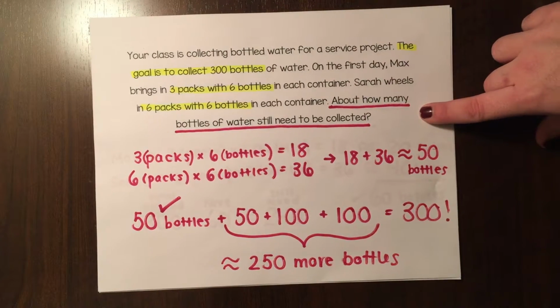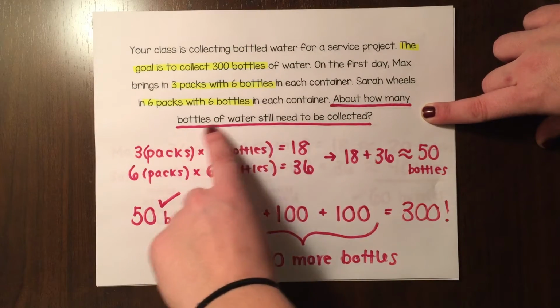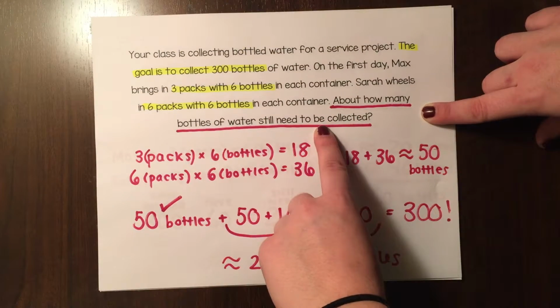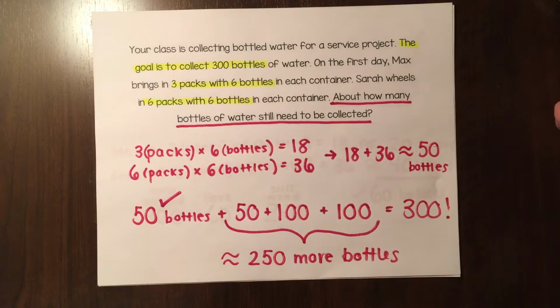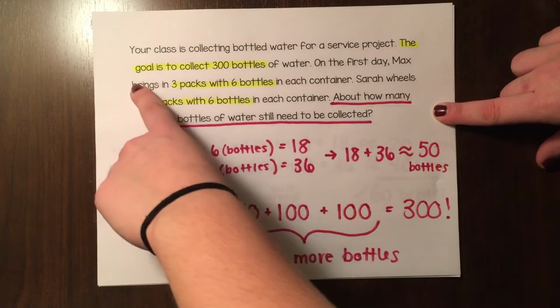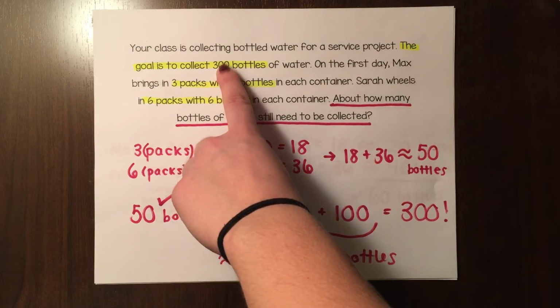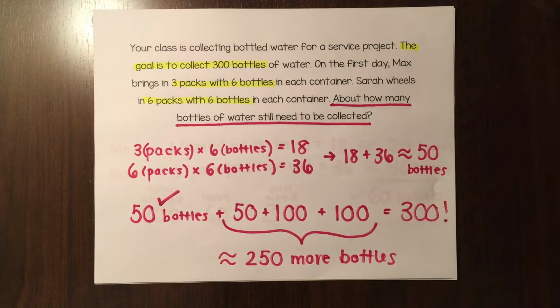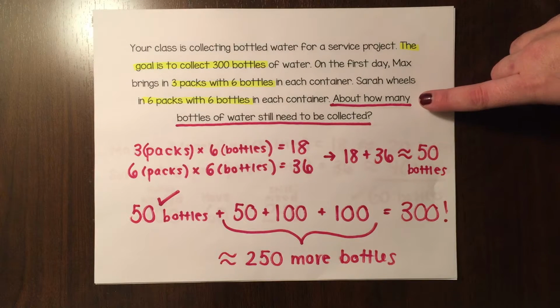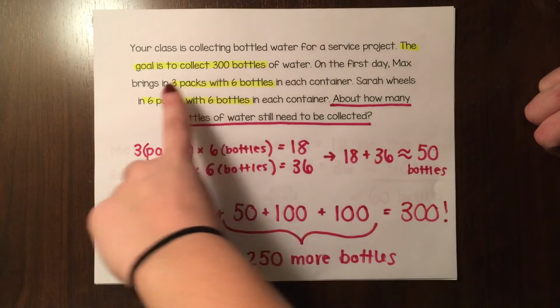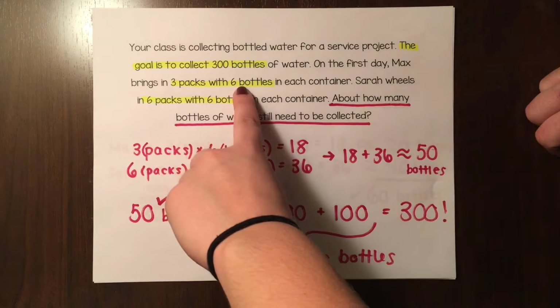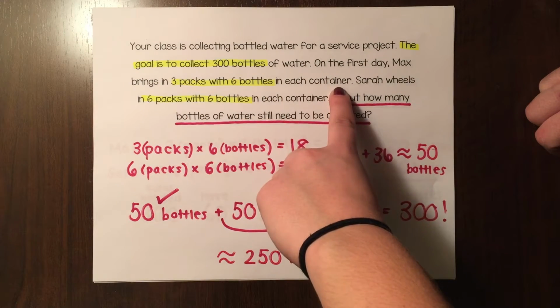The overall question is asking about how many bottles of water still need to be collected. However, we know that the goal is to collect 300 bottles. So first, we must find out how many bottles of water we already have before we can find out how many bottles we still need. We know that Max brought in 3 packs with 6 bottles in each container.